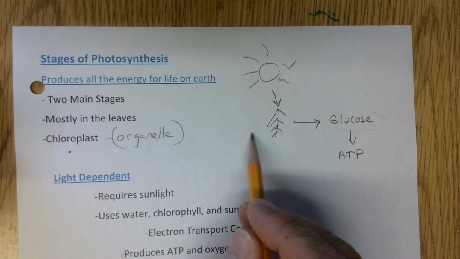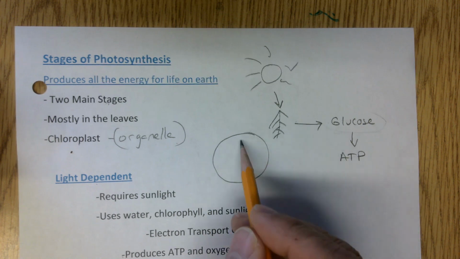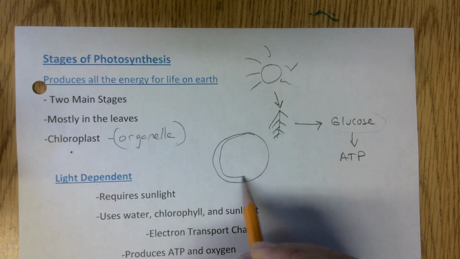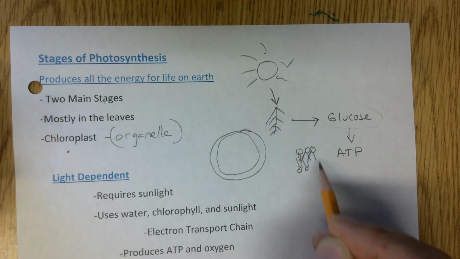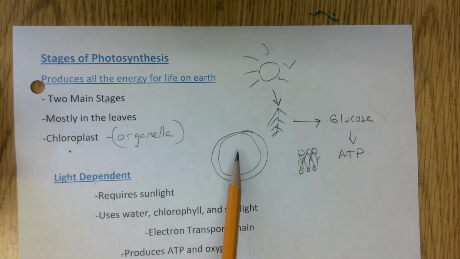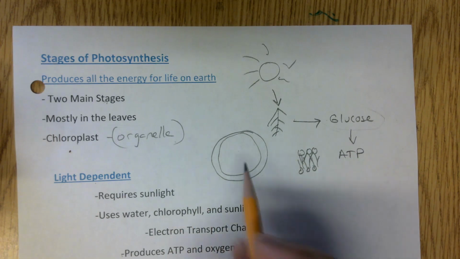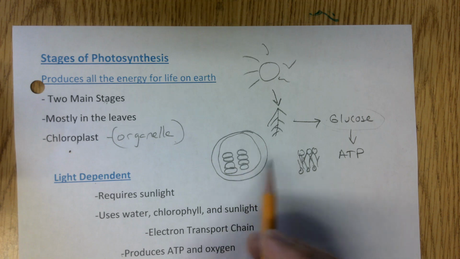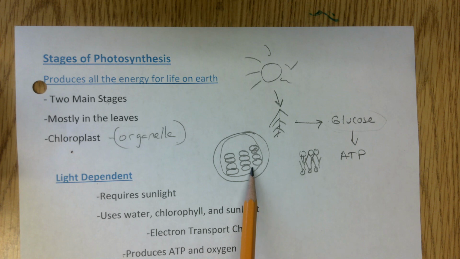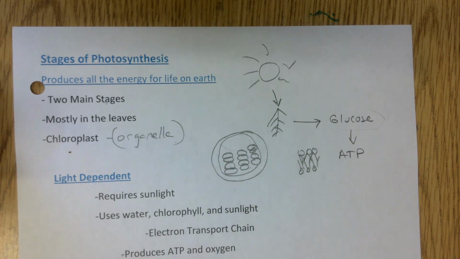The chloroplast is like a circular organelle. It's membrane bound, so it has an outer membrane. And just like cells have that phospholipid bilayer, so does this chloroplast. Inside the chloroplast are these little thylakoid membranes, lots of these little stacks. And this is really where one of the stages of photosynthesis occurs, and the other one is in this open space in here as well.